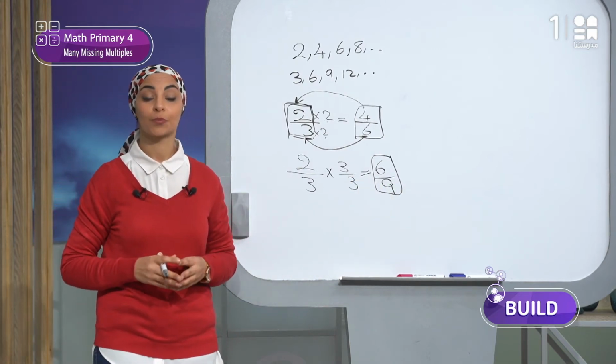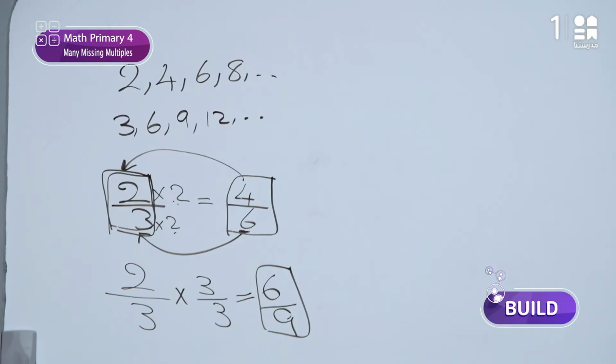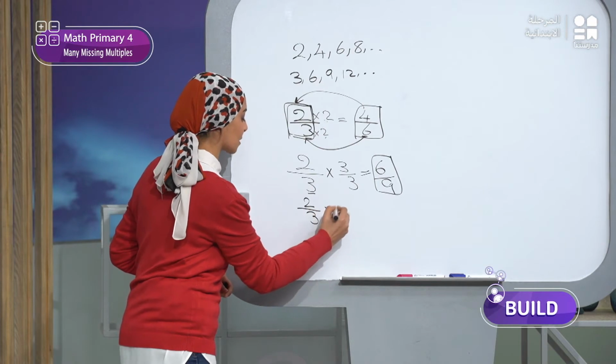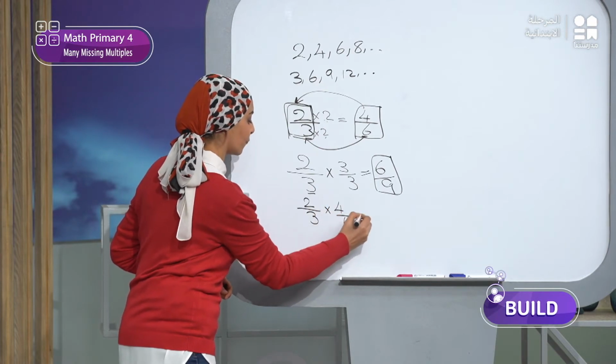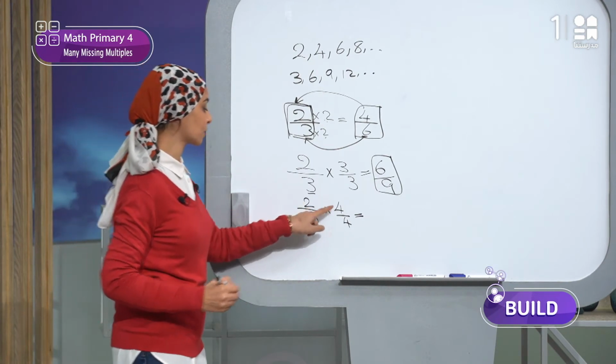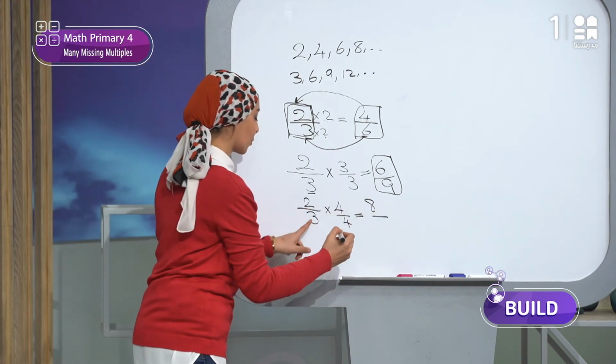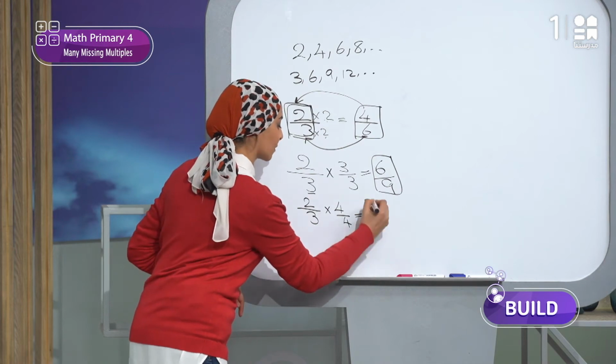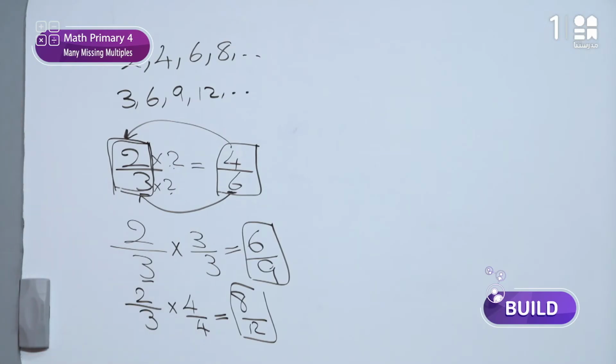The answer is 6 over 9. وكمان we also multiply the same fraction times 4 over 4. ممكن برضو أعمل 2 over 3 times 4 over 4 which represents the whole 1. The answer will be 2 times 4 is 8 with 3 times 4 is 12. The fraction will be 8 over 12.